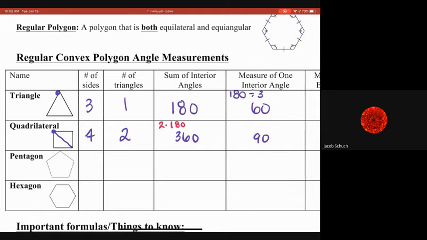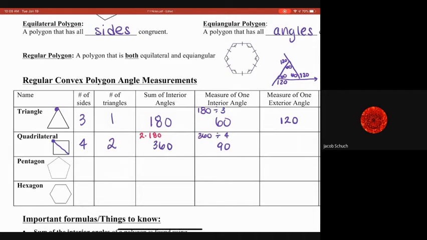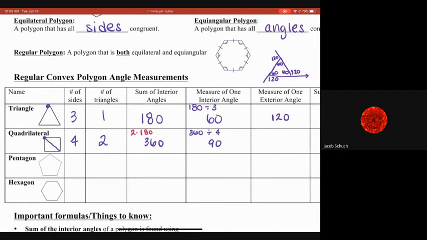Divided by 4. You know that all of them all together is 360. You know there's 4 angles and 4 sides, so do 360 divided by 4. That's 90. Now, obviously, quadrilaterals are kind of easy, but this strategy is then supposed to help you when you get to like more complicated shapes.